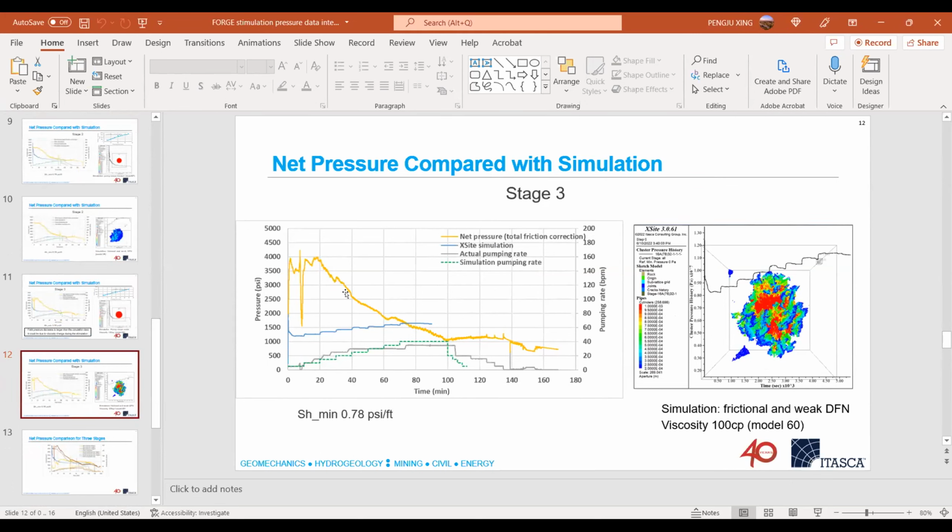As time goes, the viscosity will reduce with time. So that could affect your fracture propagation. That's how I can think the thermal can affect.